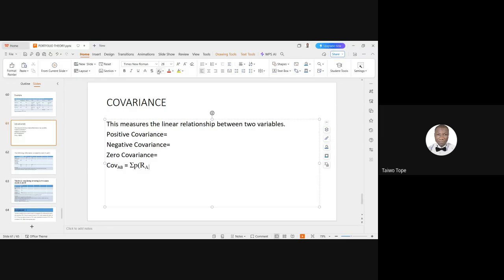That is, we're trying to look at the covariance of two investments. Return on asset A minus what? The expected return, that is the R bar. Take notes. Return on asset A minus the expected return of asset A. This expected return is the one with the bar.